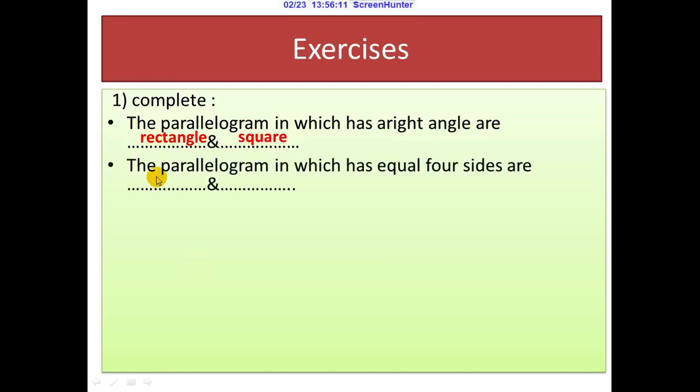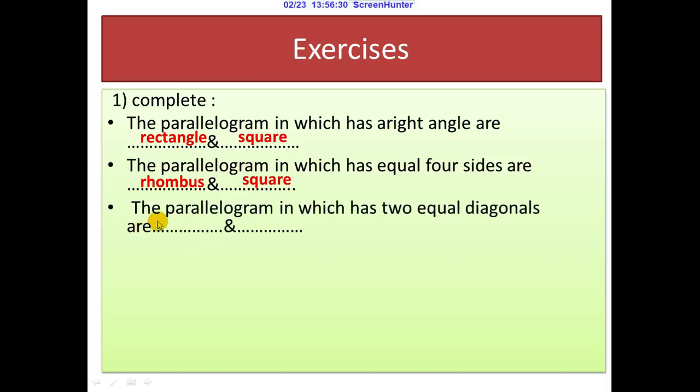Number two, the parallelogram which has four equal sides is what and what? It will be rhombus and also square. The parallelogram which has two equal diagonals is what and what? It will be rectangle and also square.